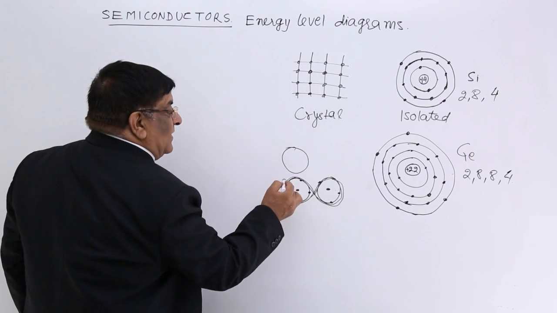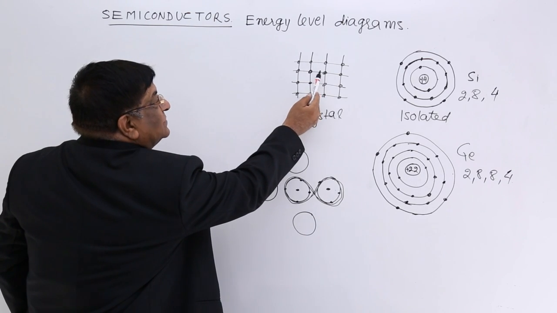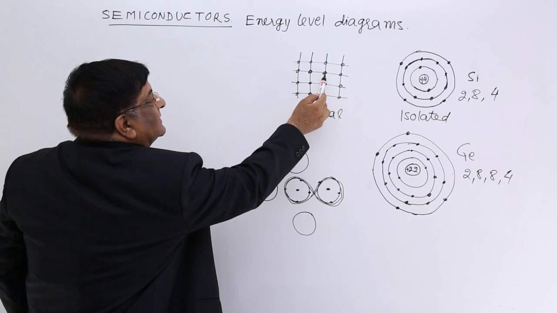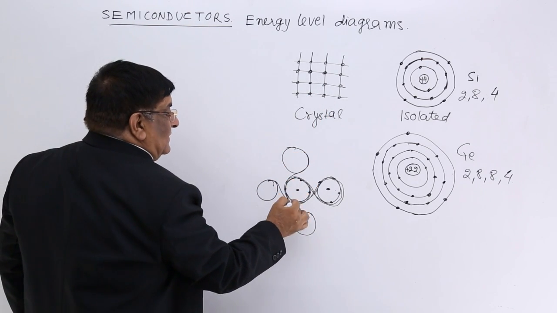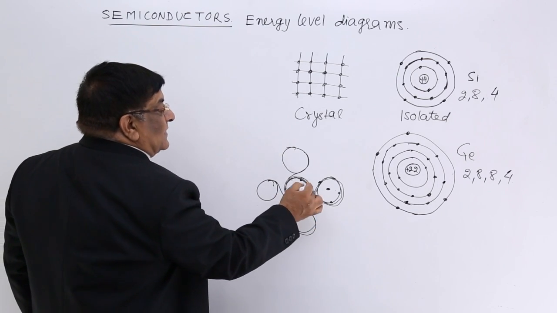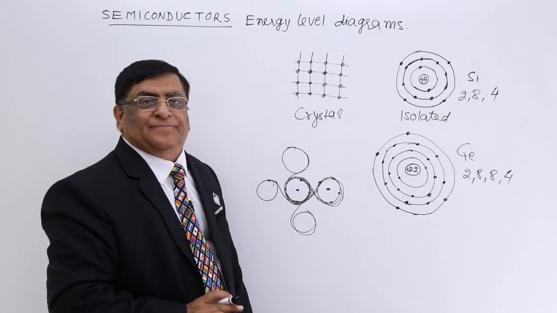Similarly, it will share one with this, one with this, one with this. So this one atom shares one electron with this, one with this, one with this, one with this. Now all are sending one electron here. So it has fulfilled 8 electrons circling around here, and now it has got a stable nature.